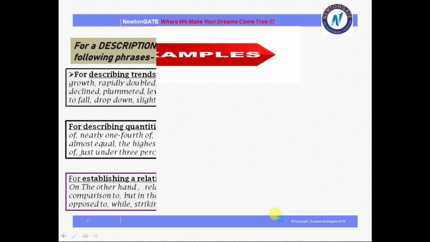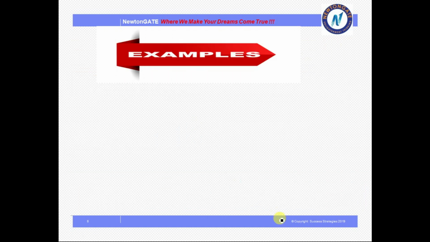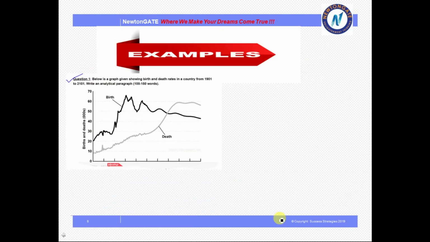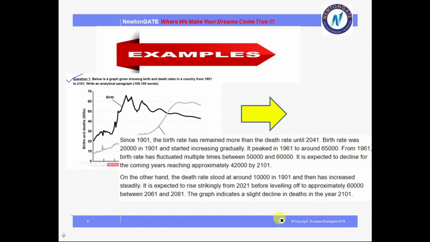Let's see one example for the description. I have taken the same graph, you can see. What can we elaborately describe in detail for this graph? Since 1901, the birth rate has remained more than the death rate until 2041.